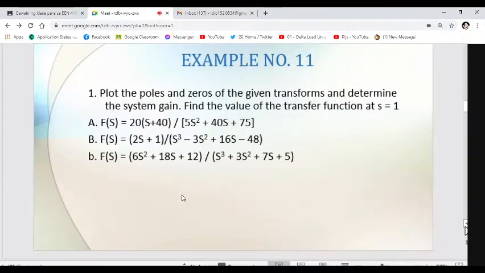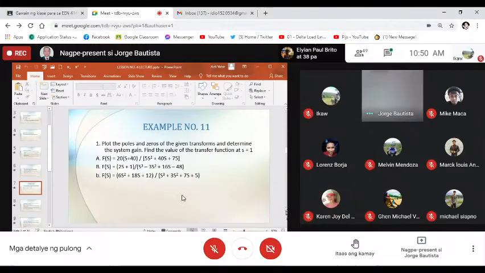Letter A, that is F of s, 20, and then you have 5s squared. And letter B, here.